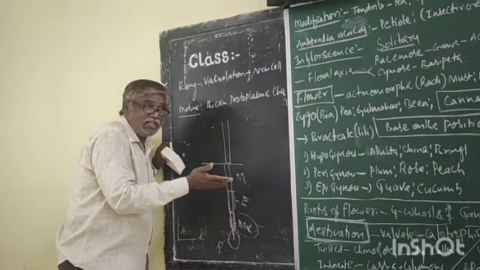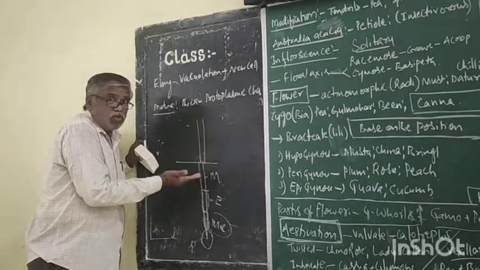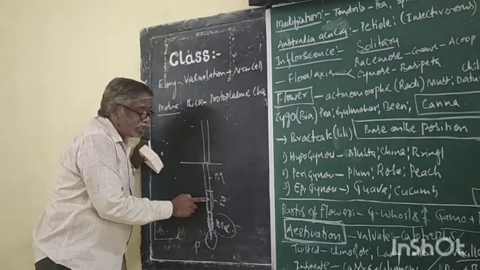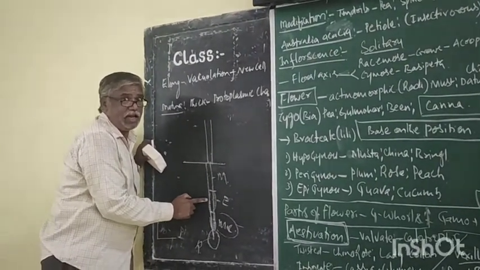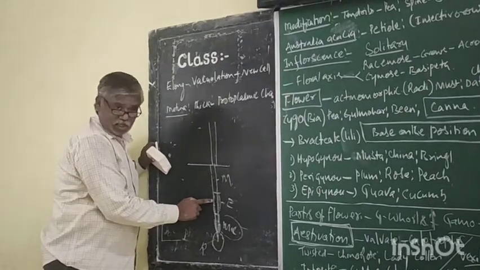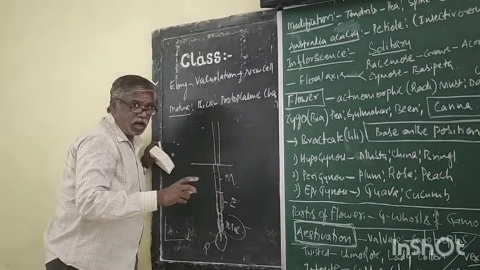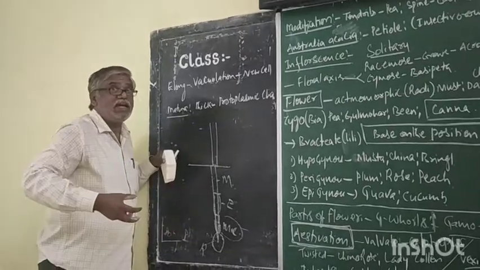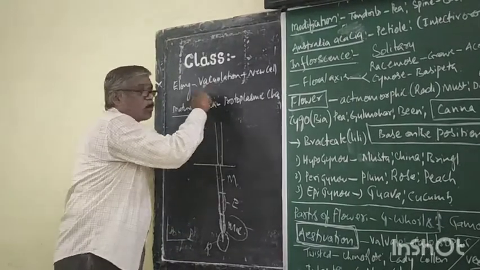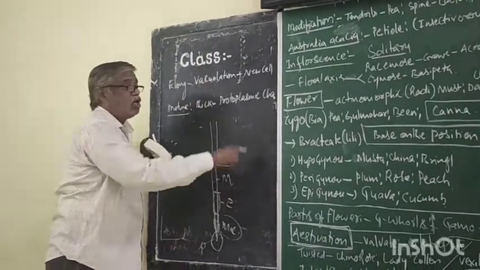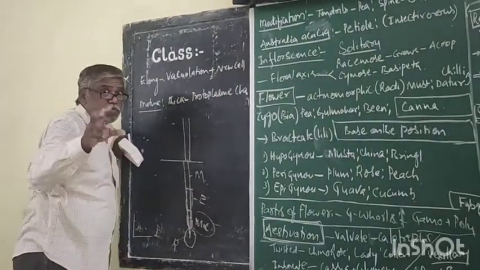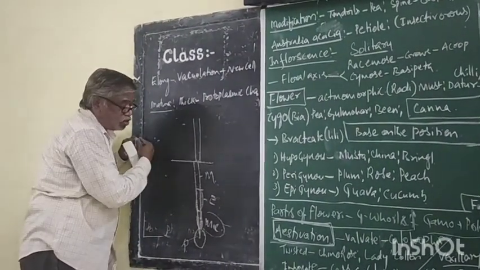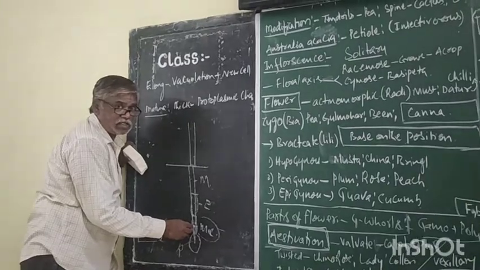The increased cells move upward. That is called elongation. In elongation, the cell size increases due to vacuole formation, and new cellulose material is also formed.